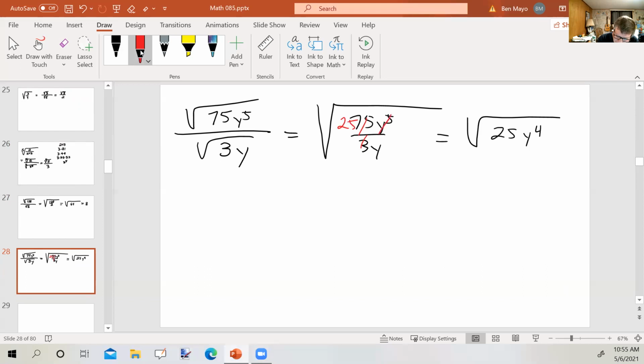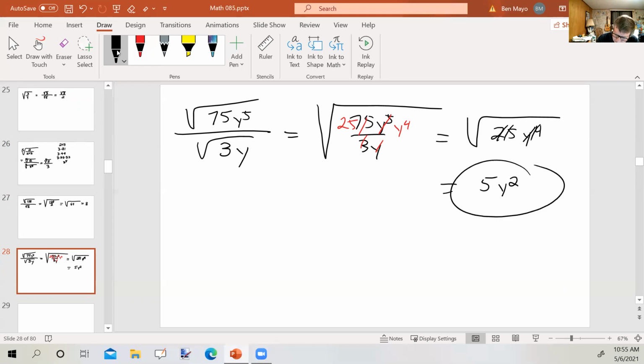Y to the 5th over y reduces to y to the 4th. And now the square root of 25 is 5. The square root of y to the fourth is y squared. So our final simplification is 5y squared.